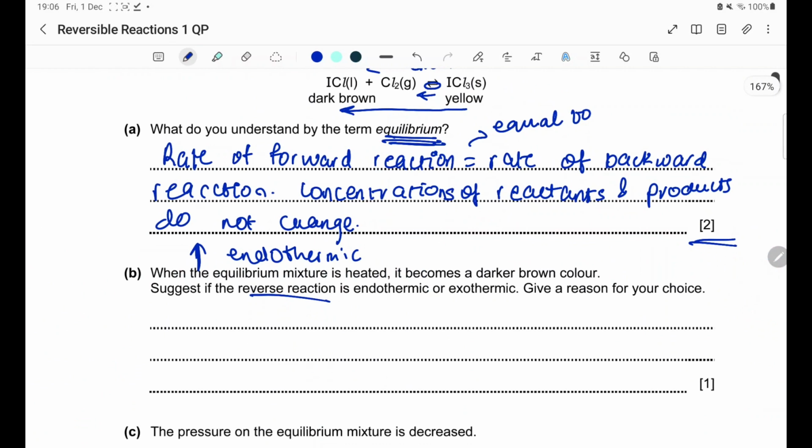And that we already established with the reasoning for the heated temperature and the color becoming browner, is that it is endothermic as rise in temperature is favoring reverse reaction.